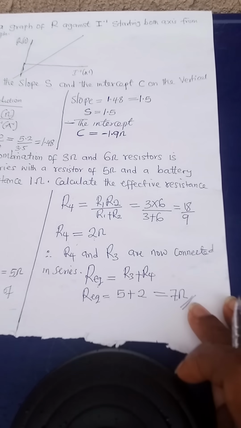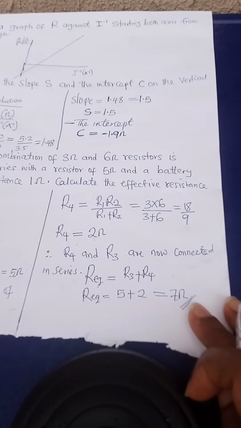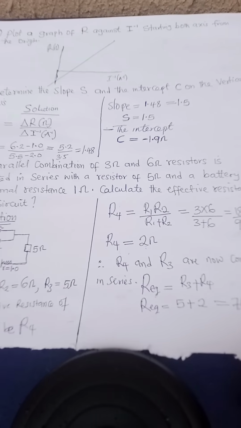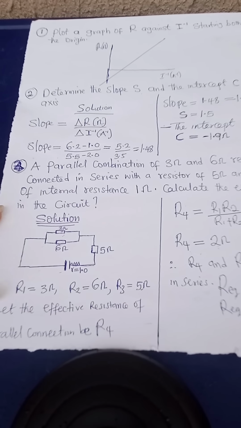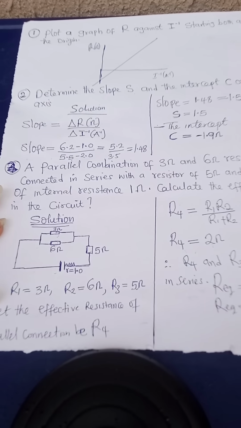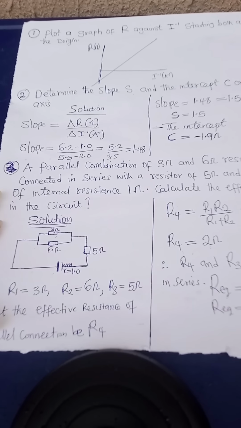I want you to go through this question, copy it, and then you thank me later. Look at it. This is question number 3 on your workbook, check it very well.